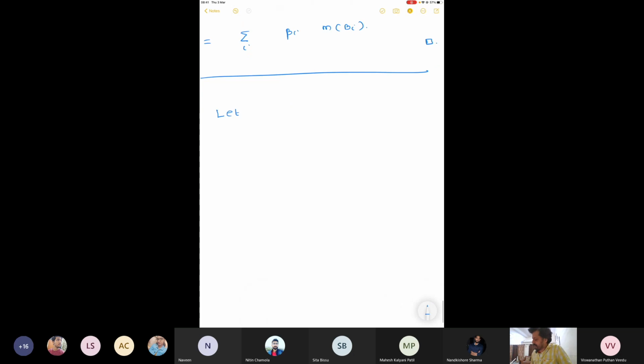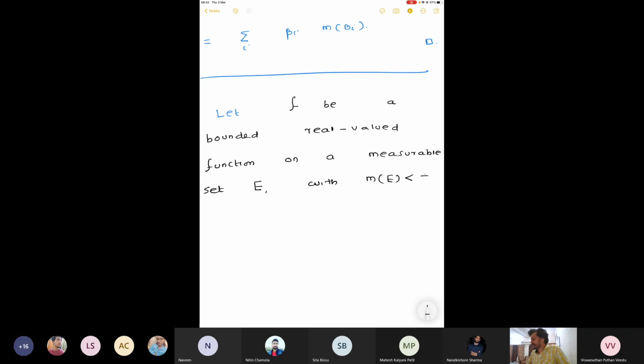Let f be a bounded real valued function on a measurable set E with measure of E finite.